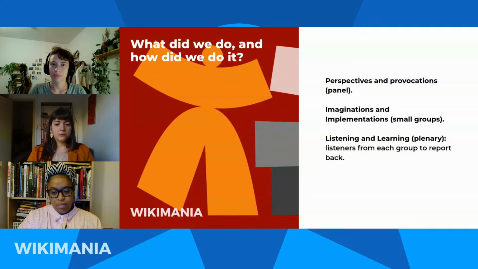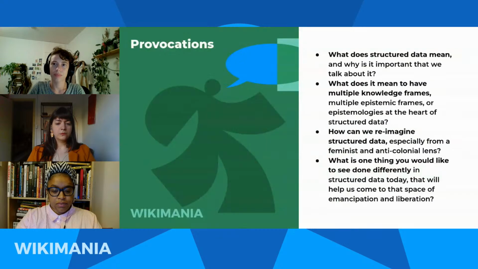Then a small group session with all the participants, split into smaller groups, called Imaginations and Implementations. And finally, a plenary called Listening and Learning, in which listeners from each group reported back to the plenary. That was the organization of the whole session.